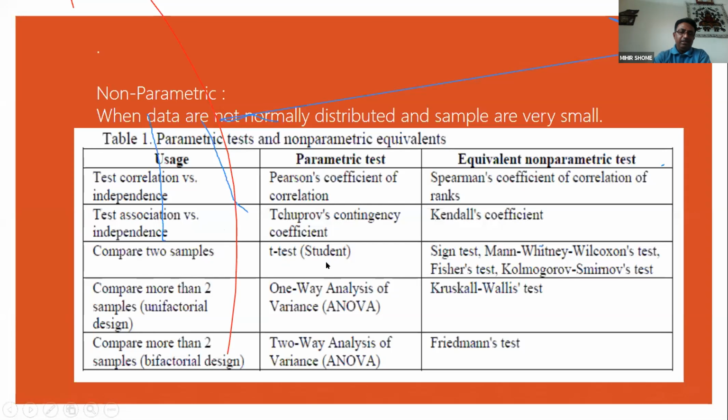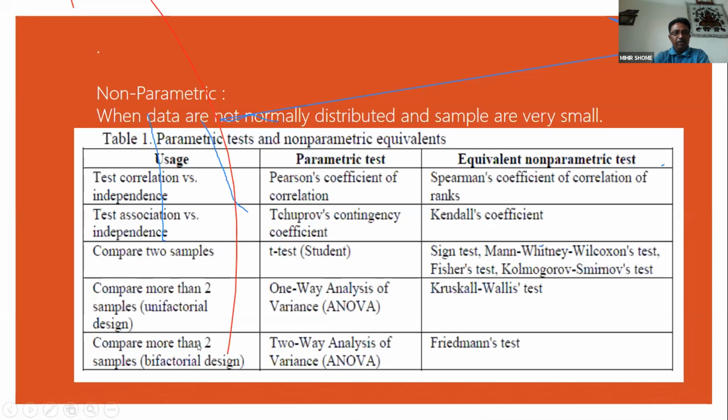It may be treated as a Student's t-test, whereas in non-parametric it might be the sign test, Mann-Whitney U-test, Wilcoxon test, Fisher's test, Kolmogorov-Smirnov test. To compare more than two samples, unifactorial design, one-way analysis of variance, whereas in non-parametric it will be the Kruskal-Wallis test.